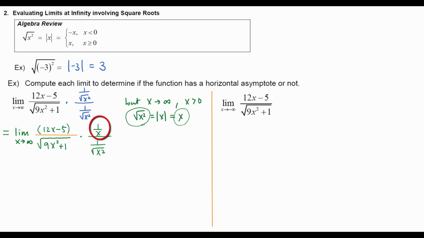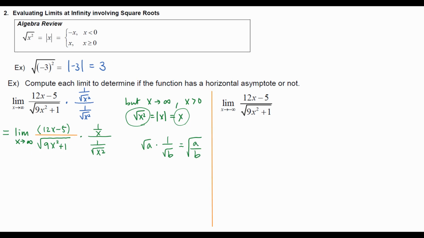I changed that to 1 over x on the numerator since it has to be distributed with 12x minus 5. And in the bottom, I do have a square root already here, so it's easier to have the square root of x squared form, since the square root of a times 1 over the square root of b is the square root of a over b.